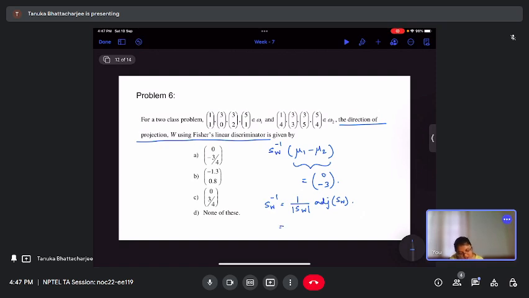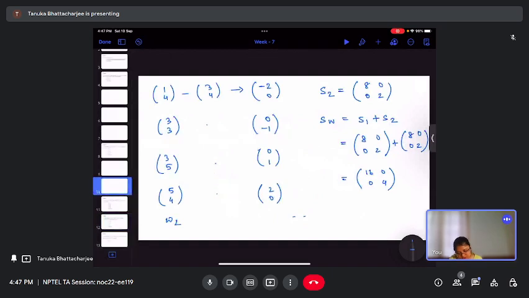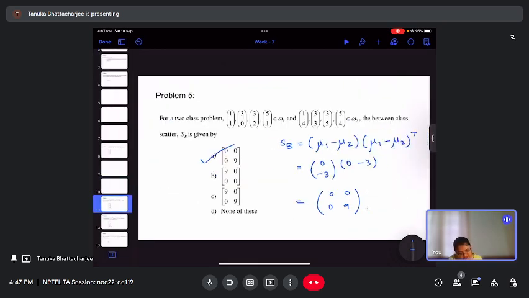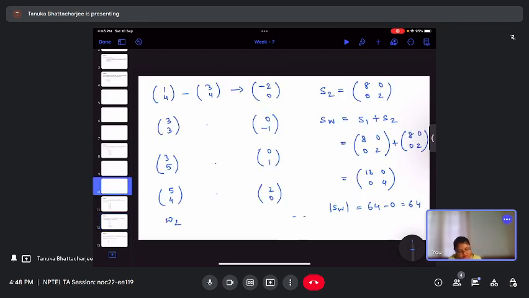So here we computed SW. The determinant of SW will be 64 minus 0, that is 64. Determinant is 64, so 1 by 64. The adjoint of SW is the cofactor transpose.